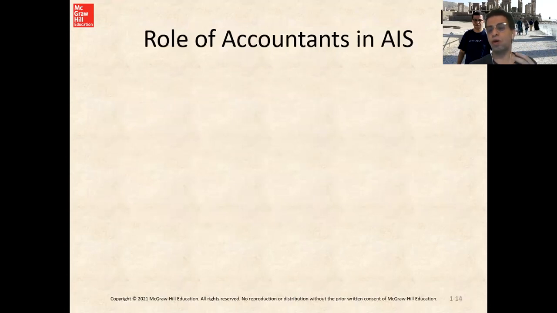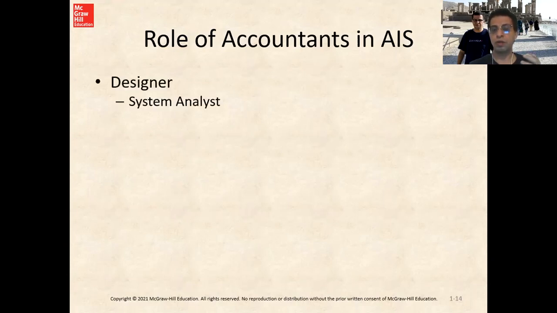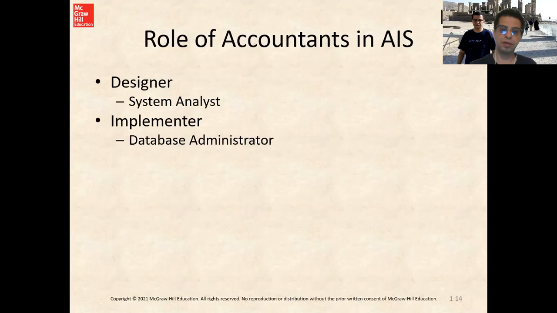So what's the role of the accountants in the accounting information system? There is the role of the designer, which they call a systems analyst, or business information systems analyst. And then you have what you call the implementer, which is database administrators and software consultants.